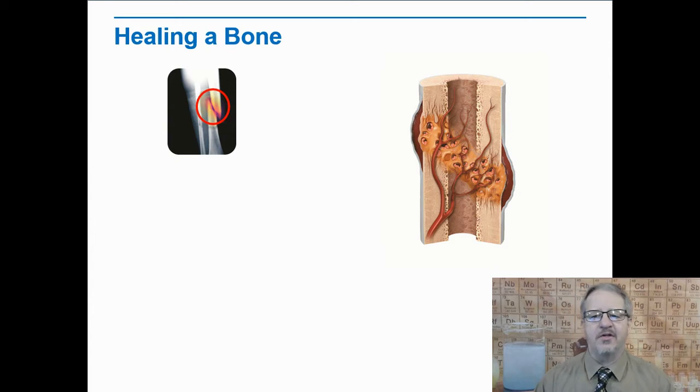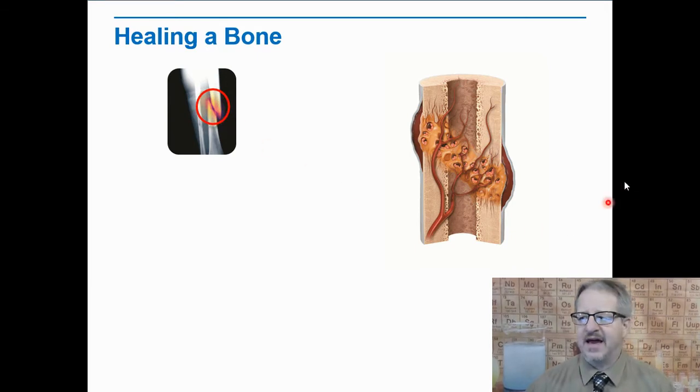So the image here on the right of the screen is actually an illustration of how the break in the x-ray that's on the left there would heal. Okay, so this is the bone. Got the bone here, and you can see the break. And of course, in an actual x-ray, it wouldn't be red like that, but they made it red just to make it stand out a little more so it's easier to see.